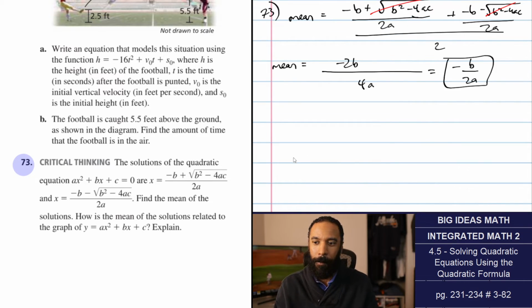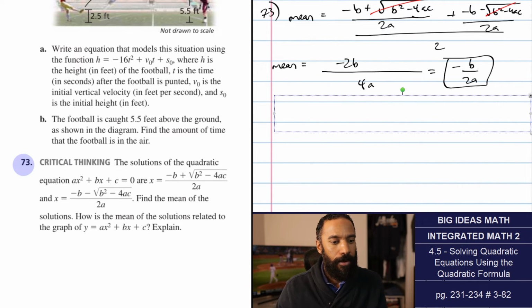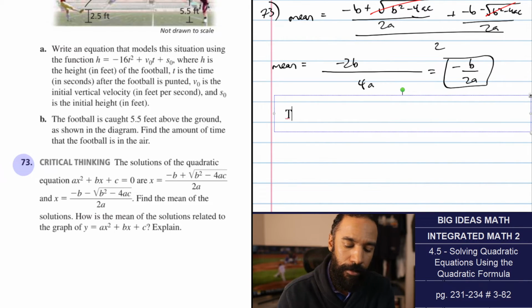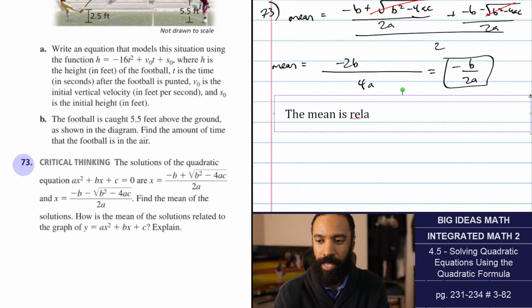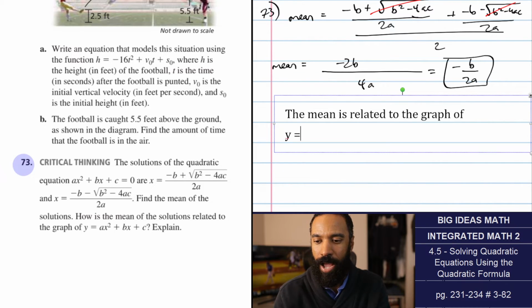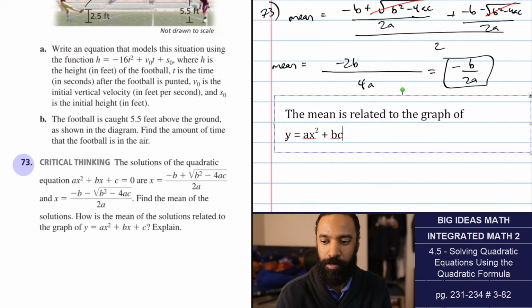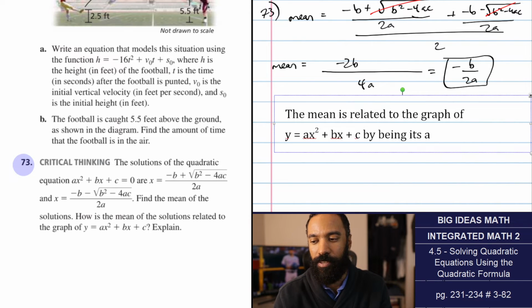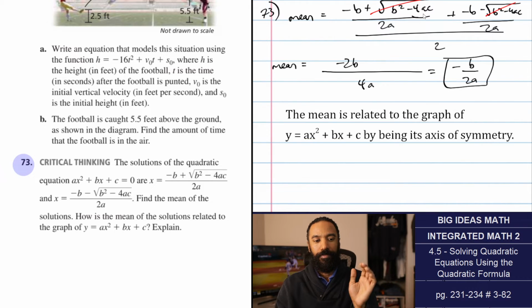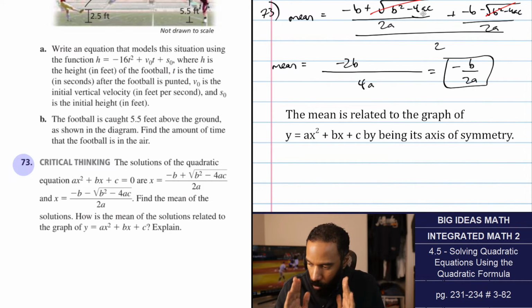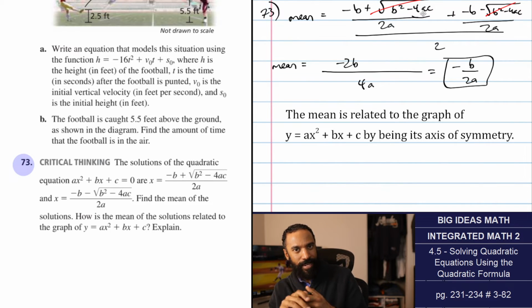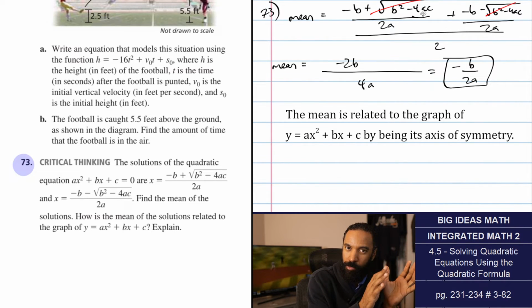How's the mean related to the graph of this? The mean is related to the graph of y equals ax squared plus bx plus c by being its vertex. Axis of symmetry. Now this is important. The quadratic formula having negative b over 2a then does this plus or minus square root of b squared minus 4ac over 2a.